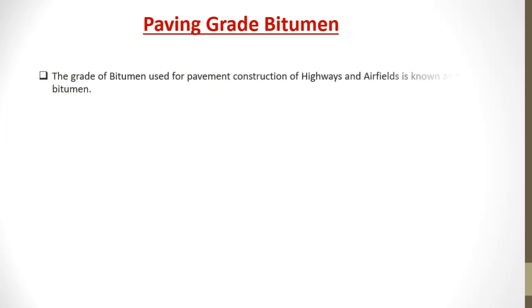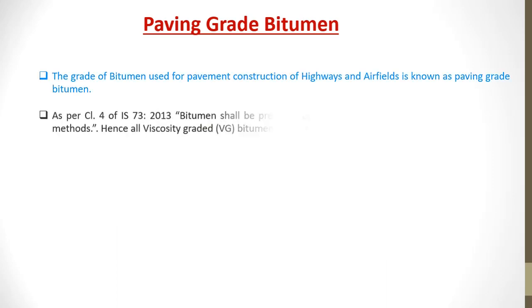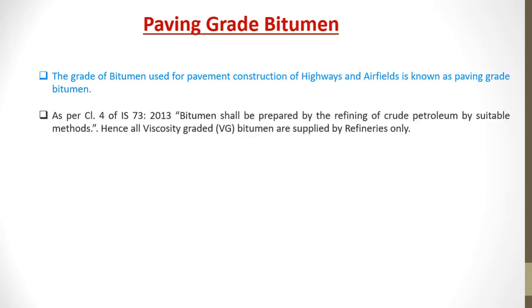Okay, the first part, the paving grade bitumen. The grade of bitumen which is used for pavement construction of highways and airfields is known as pavement grade bitumen. In the definition in the clause of IS 73, which is the Indian Standard Code for paving grade bitumen, it says that the bitumen shall be prepared by refining of crude petroleum by suitable methods.